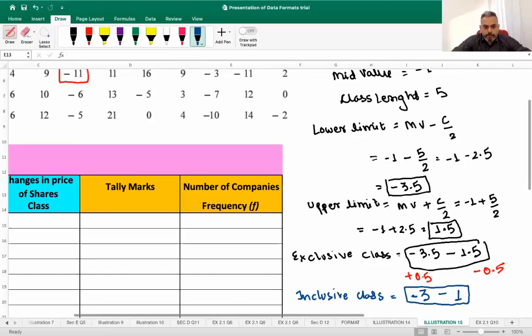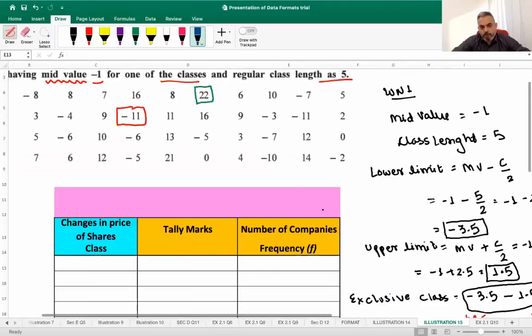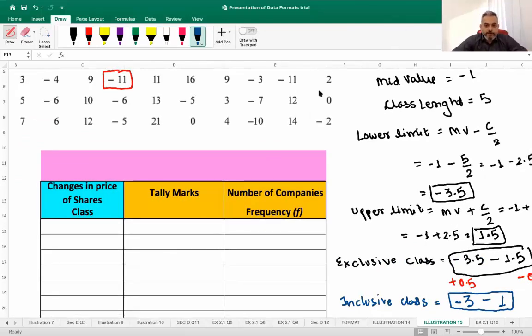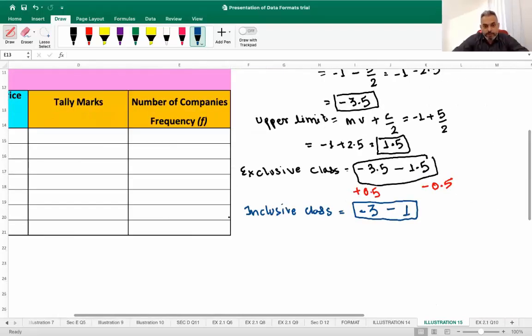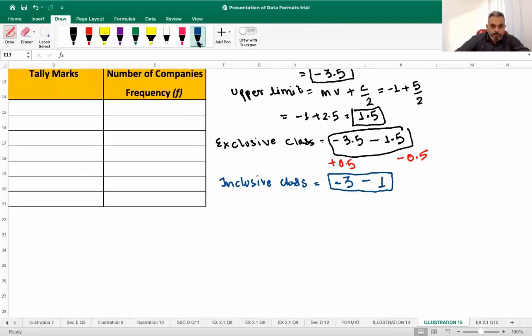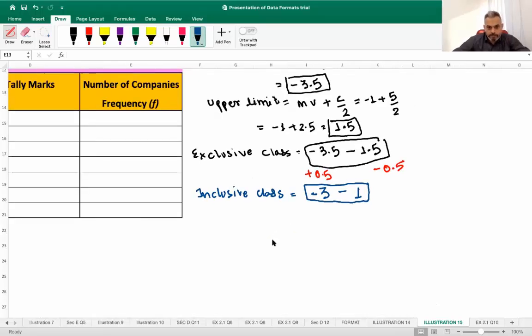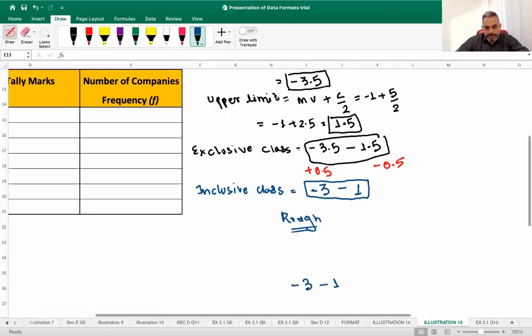Now let's go to what we want. We want -11 to come in the first class. So how do we go about it? We'll do this in rough. You have -3 to 1. What will be the next one?